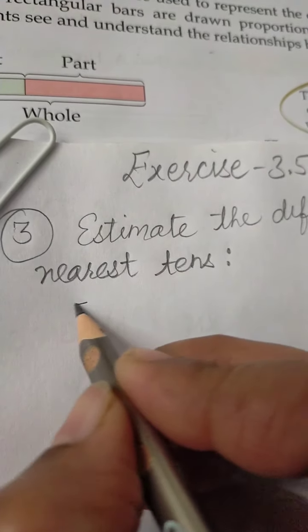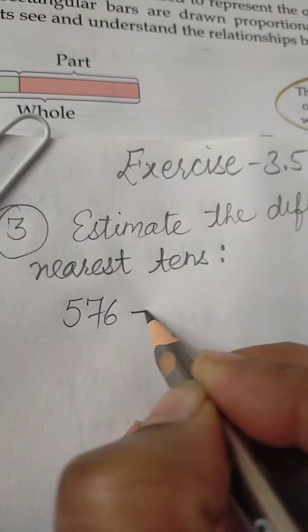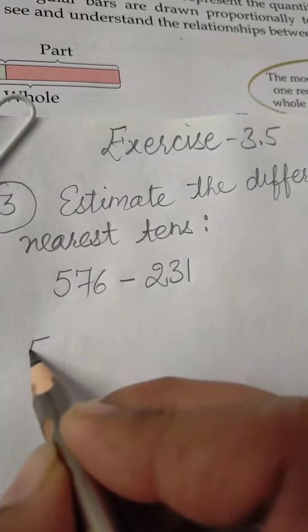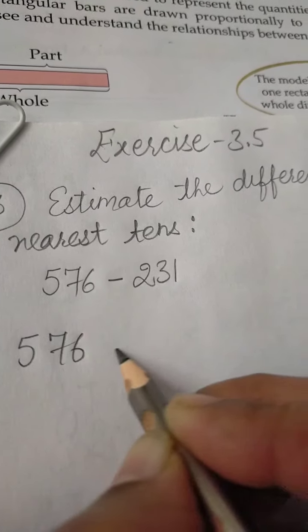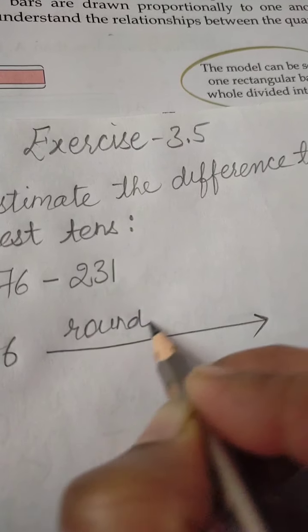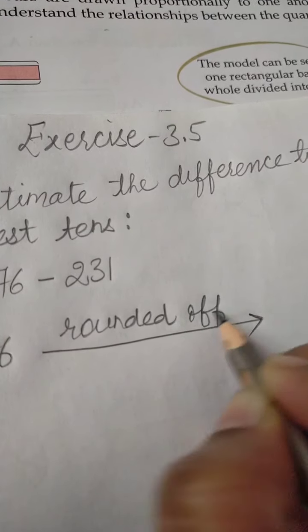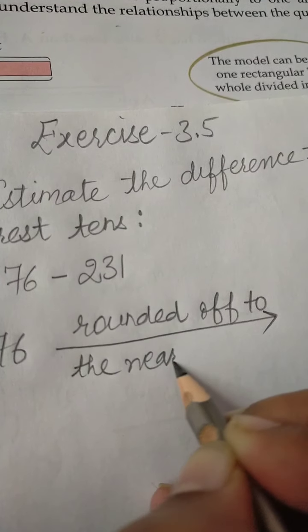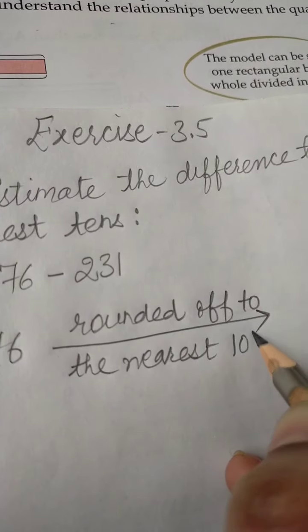The question is 576 minus 231. 576, firstly we will round off to the nearest tens.